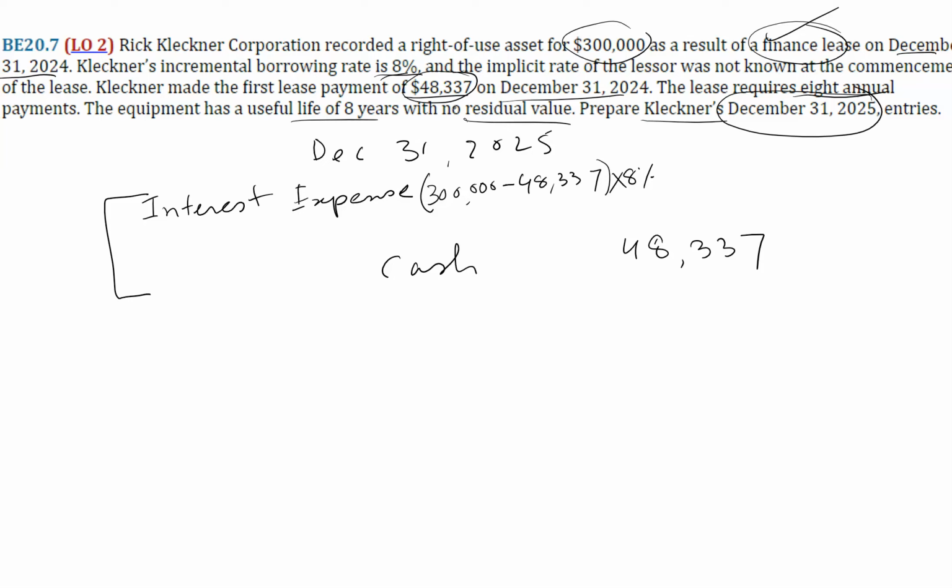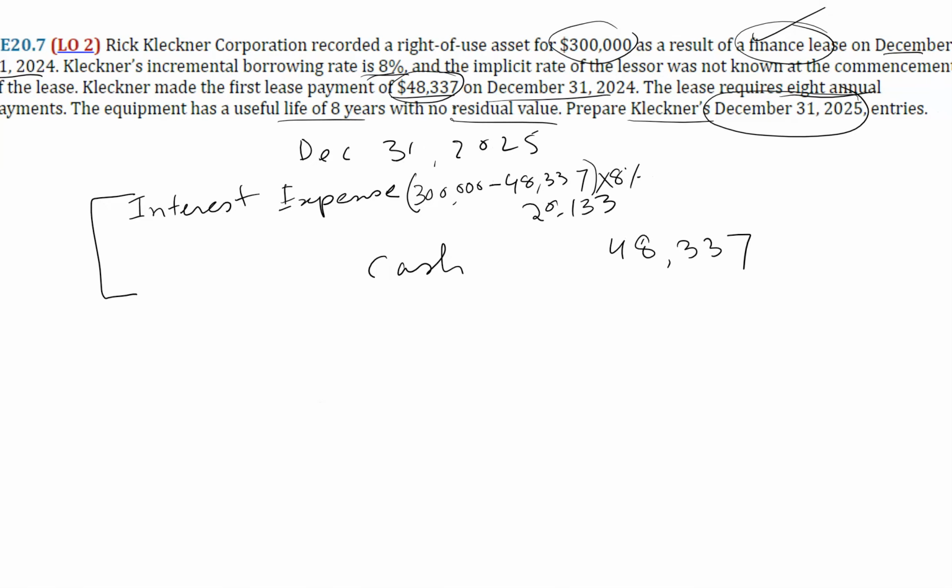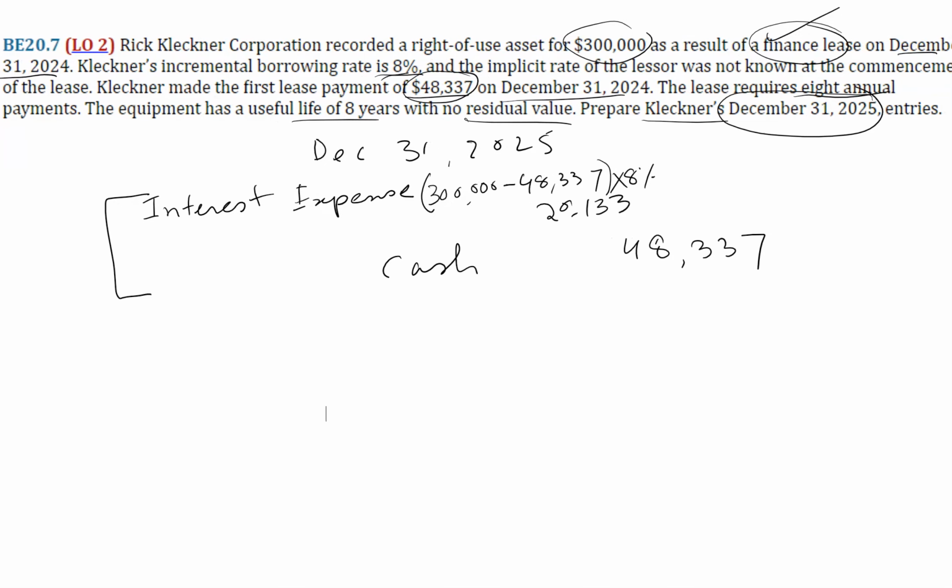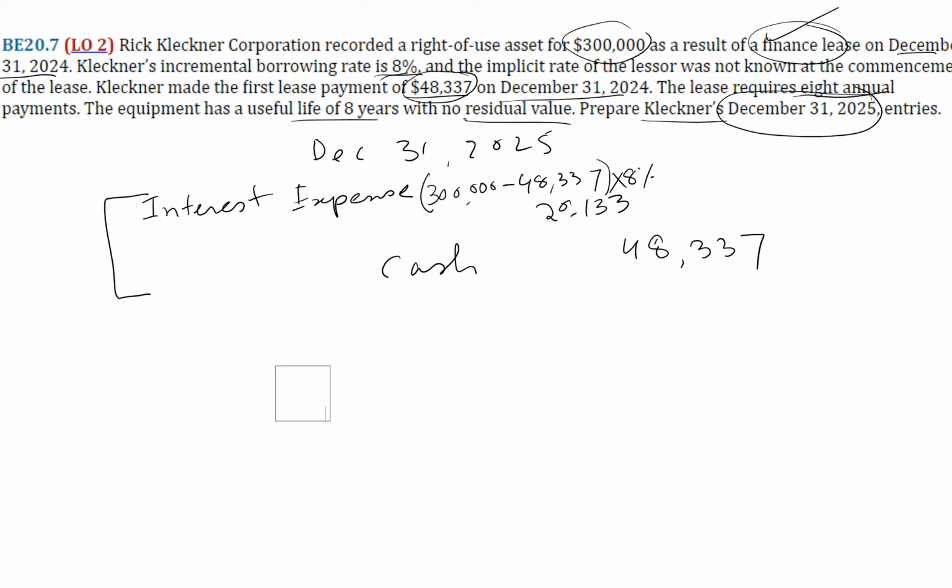That will be a debit of $20,133. So the remainder of this installment, $48,337, will be a reduction in lease liability. Since our lease liability is reducing, we will debit it.